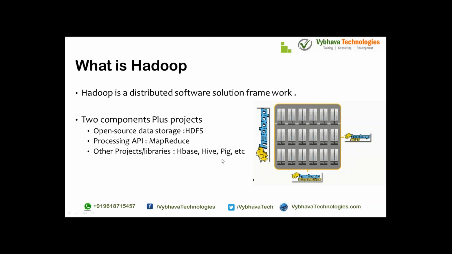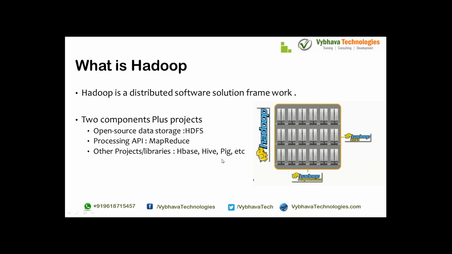Okay. Now what we understand, Hadoop is nothing but a software solution framework. It contains HDFS and MapReduce. What does HDFS stand for? Hadoop Distributed File System. What is MapReduce? It is an API. It will work for Hadoop. It is a processing API.